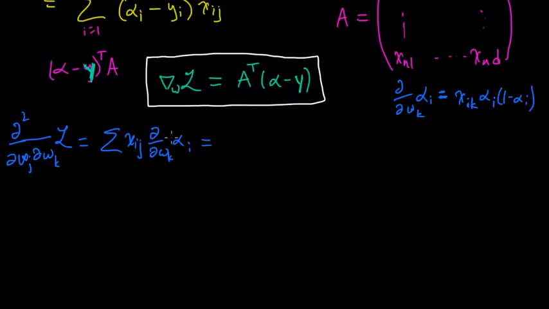And so here, this derivative is the sum over I from 1 to n of xij, xik, alpha I, 1 minus alpha I. And now if you know your quadratic forms, it might pop out to you that this looks like a quadratic form.